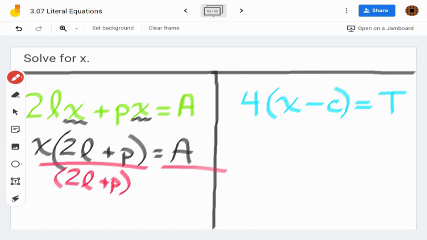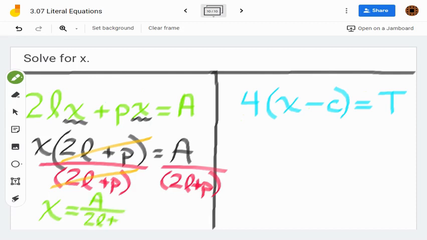Also divide the right side by 2L plus P. It's a plus sign. Okay, therefore the 2L plus P's cancel. And then we're left with x equals A on top, capital A, over 2L plus P.